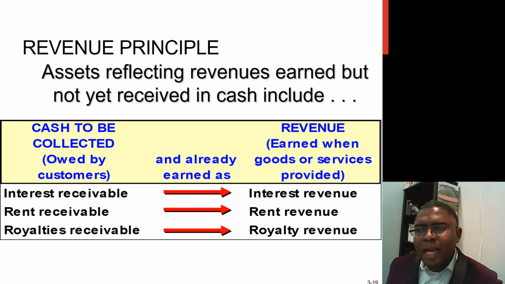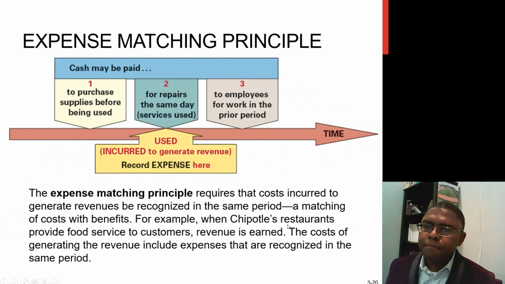With accrual accounting, revenue is recognized when services or goods are provided. So we can recognize interest revenue, or rent revenue, or royalty revenue, or it could be sales revenue, etc. So we have seen revenue.